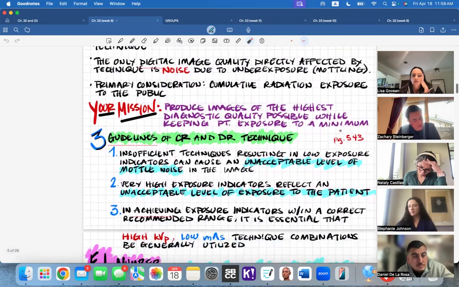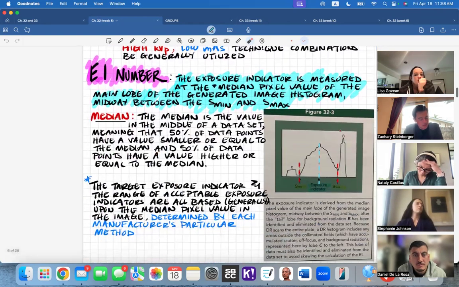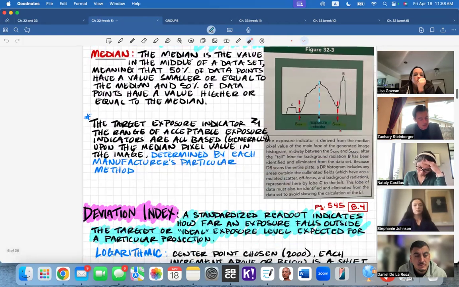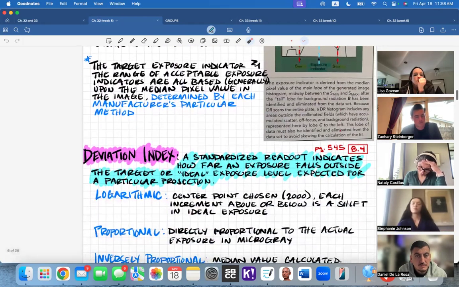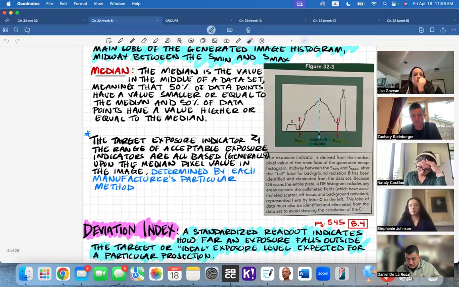So on page 544, it says for each manufacturer, a target median pixel value, which represents the ideal amount of X-ray exposure at the detector, is set as a center point of the exposure indicator scale. So with that in mind, it's basically just taking your lowest value and your highest value, finding that middle based on what anatomy you're imaging.